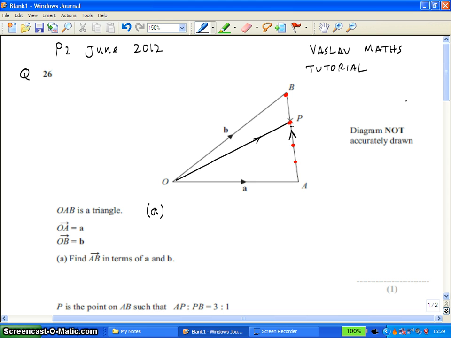Now we want to choose this big triangle and apply the triangular law of vectors. Since OA and AB are going in the same direction, but OB is going in the opposite direction, we can apply the second triangular law of vectors. So I'm just going to write that OA plus AB is equal to OB.